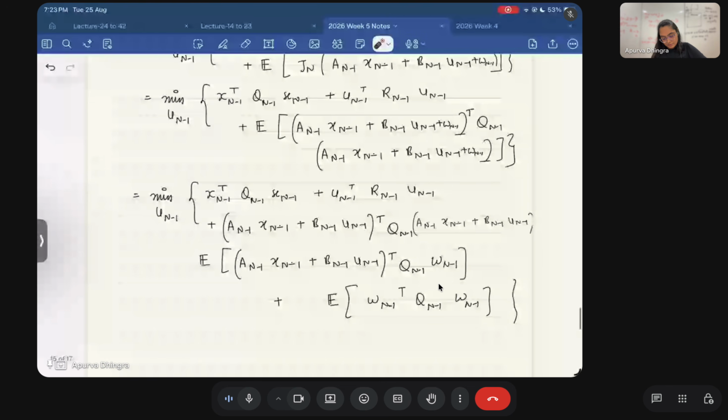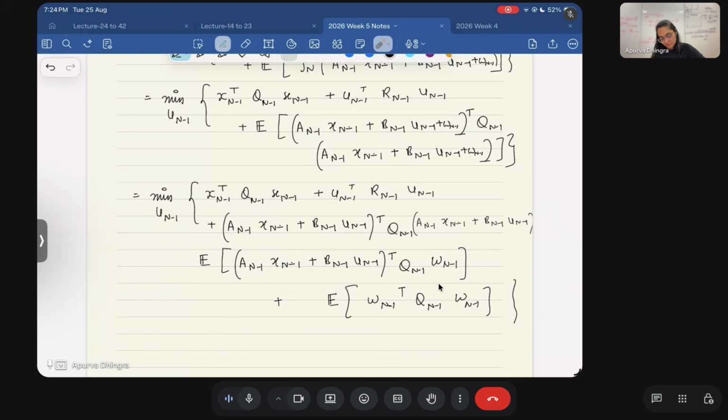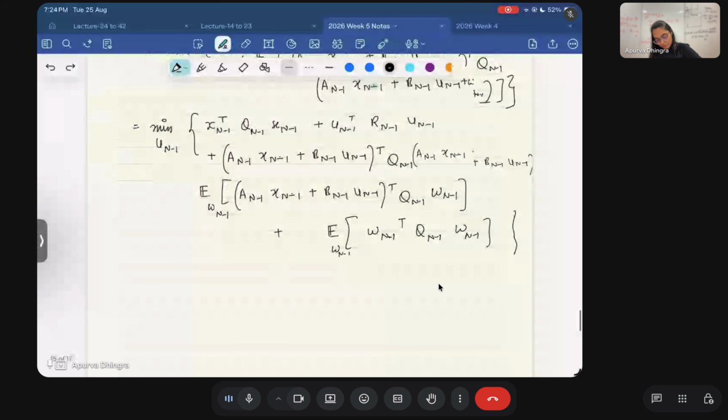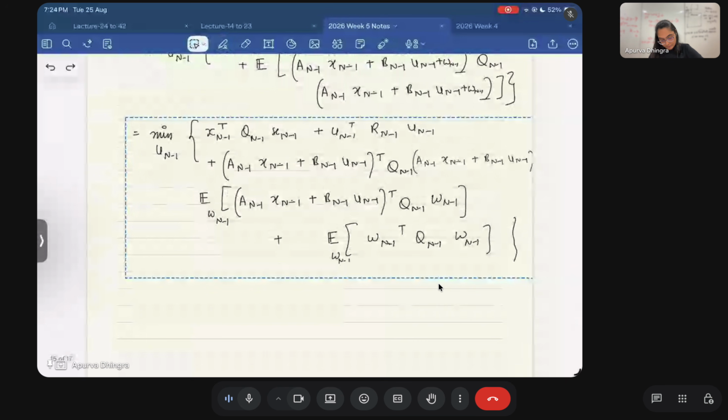Notice this term. These are just certain constants. Remember, the expectation is with respect to omega n minus 1. This one is also with respect to omega n minus 1, or whatever is the probability of omega n minus 1, whatever that is. These things are just constants, right? Let me just copy all of this again and rewrite it.